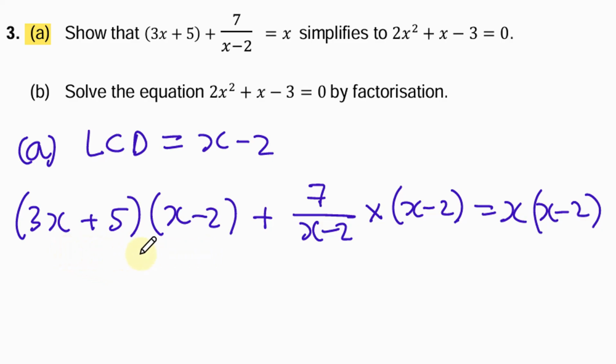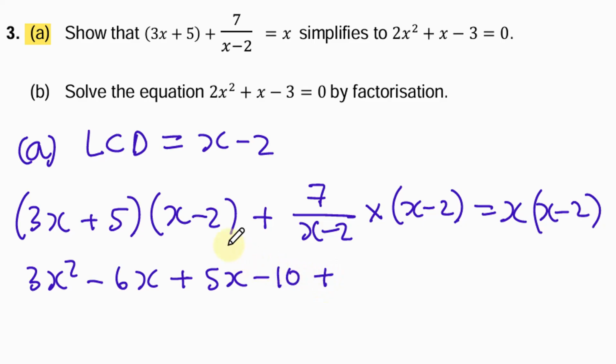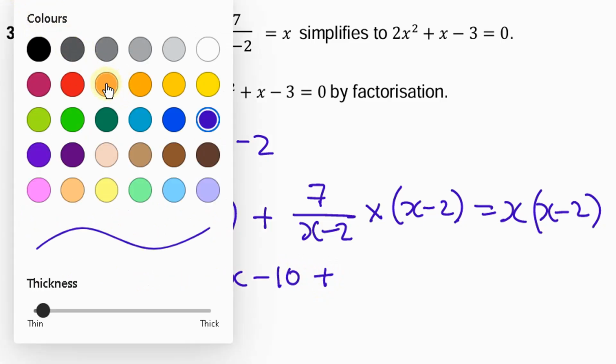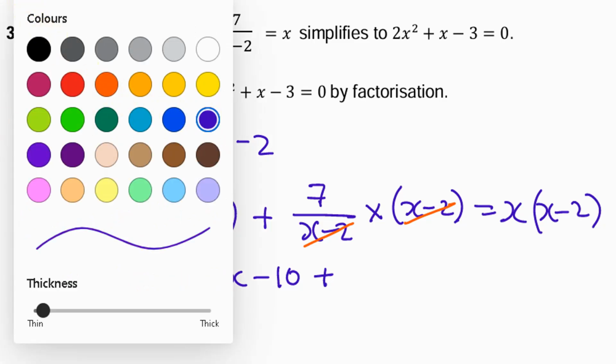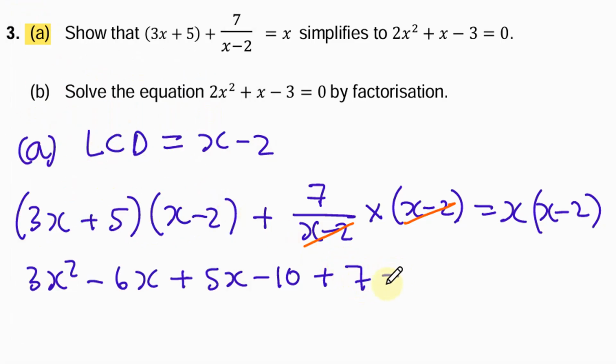So we can multiply out these brackets. 3x times x is 3x squared, 3x times negative 2 is negative 6x, 5 times x is 5x, and 5 times negative 2 is negative 10. Then in the second term, the x minus 2 here will cancel, and we're left only with 7. So plus 7. We can multiply out the right-hand side, so the x into the brackets.